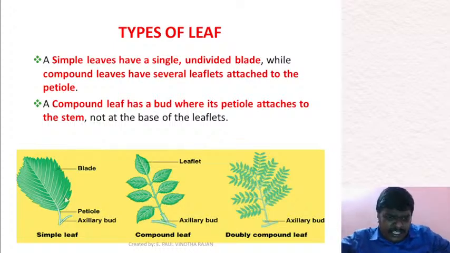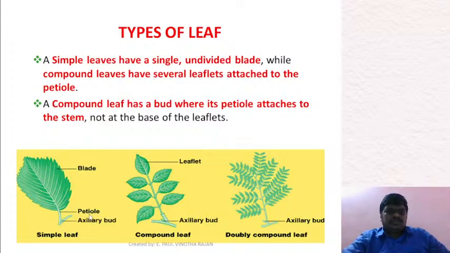You can see that a simple leaf is single, and the leaf blade is undivided, only one. Whereas in the compound leaf and doubly compound leaf, there are many branches.